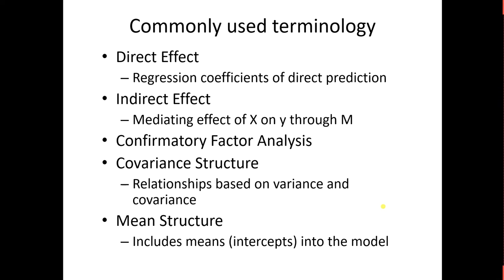Some other commonly used terminology includes direct effect and indirect effect. These two terms are often encountered when we test a structural relationship model, also called a path analysis model. So direct effect is basically the effect of one variable over the other.